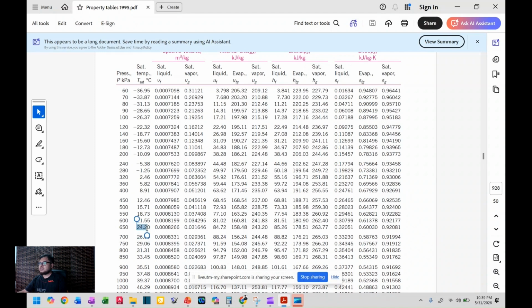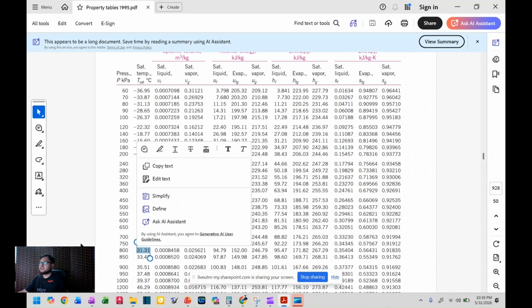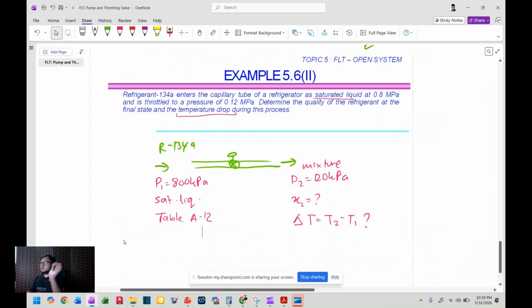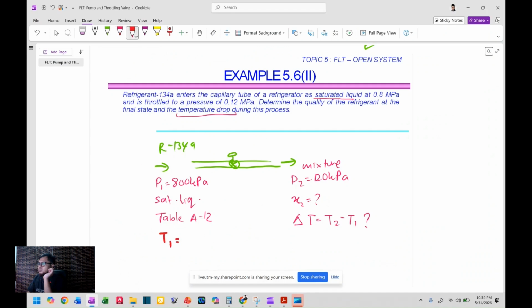So you can just simply read off from the table: the saturation temperature is 31.31 degrees Celsius. So T1 is 31.31 degrees Celsius. Okay, that's good.